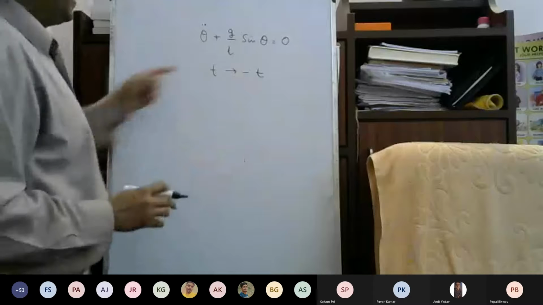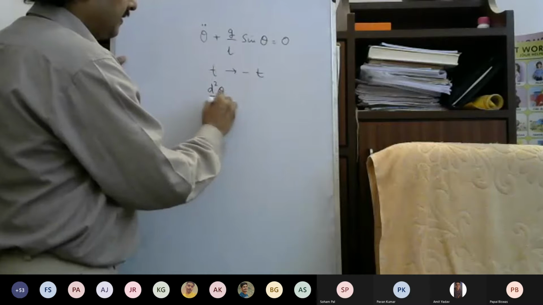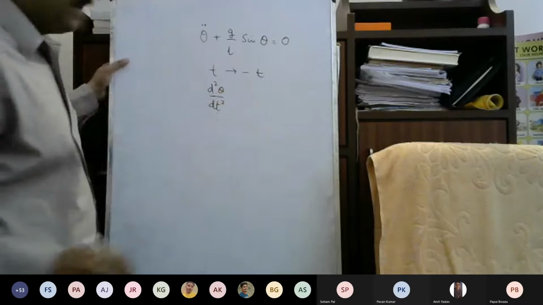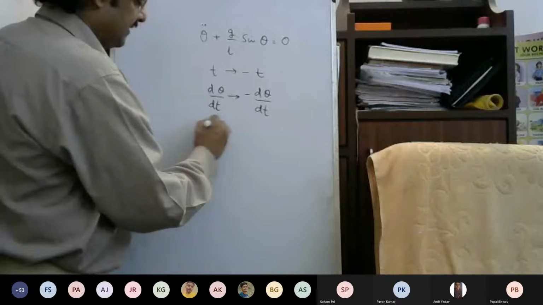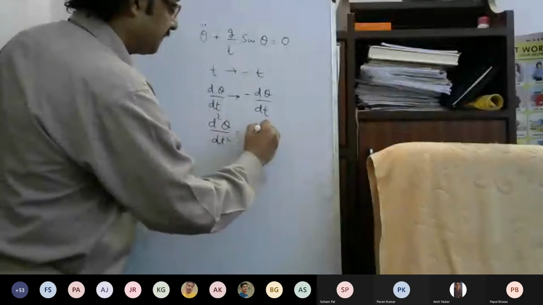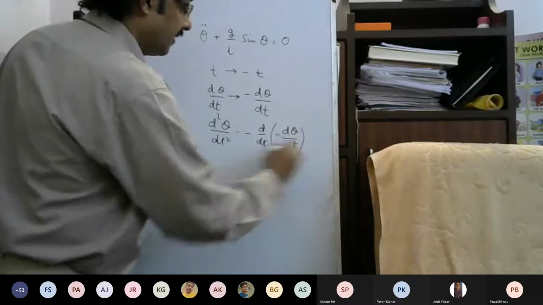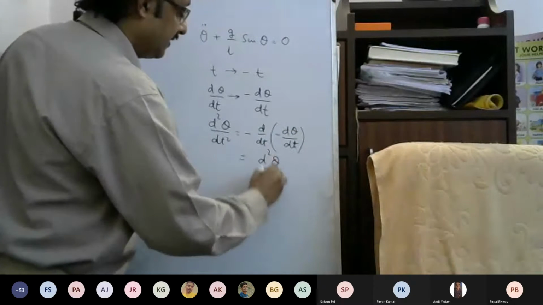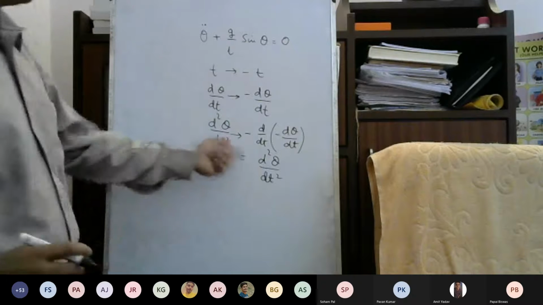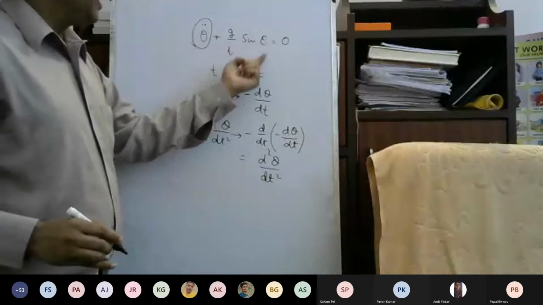So in that case, what will happen? d2 theta dt square, if I change to minus t, and d2 theta dt square, another differentiation with respect to time, so minus of d dt of minus d theta dt, which becomes d2 theta dt square. So theta double dot does not change. Sin theta I have not changed, I have changed only the time.